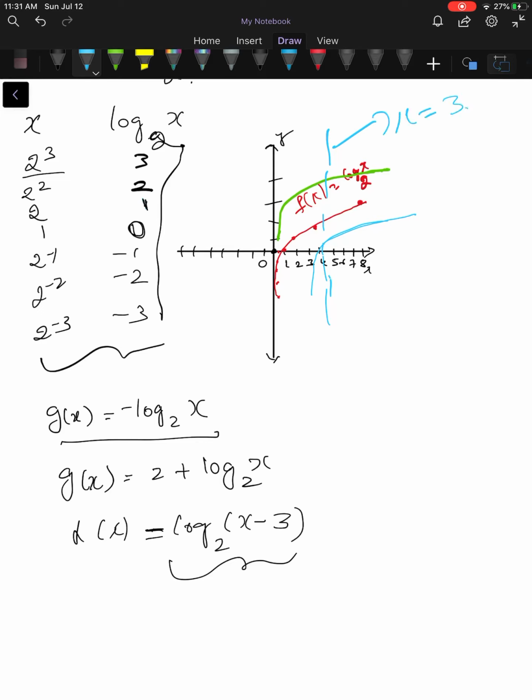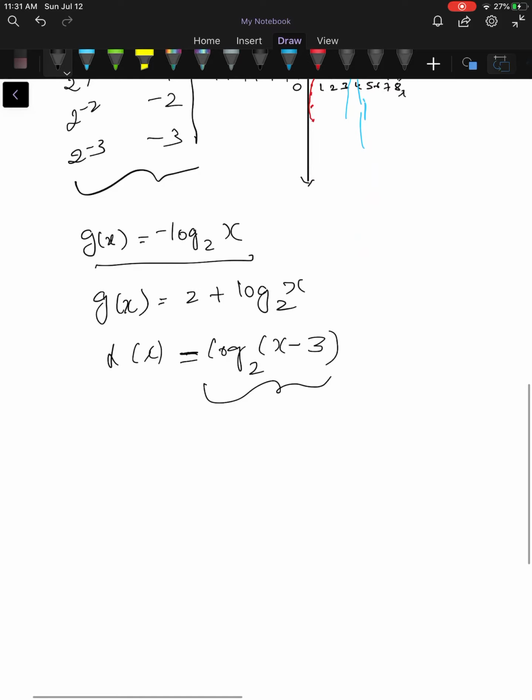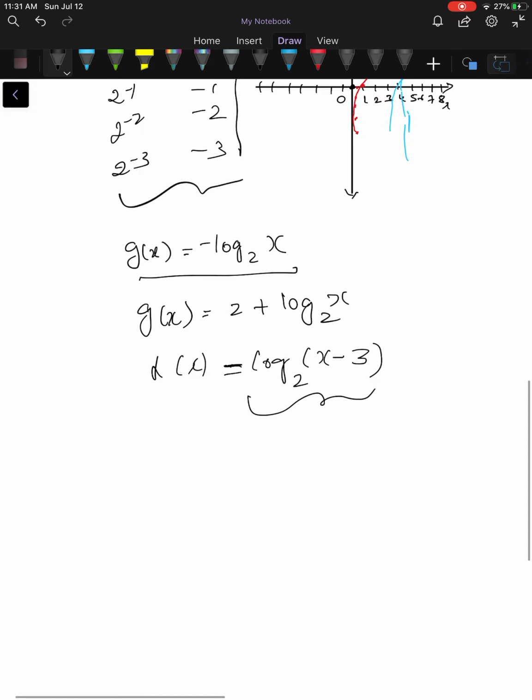So this line x is equal to 3 is the vertical asymptote, and the vertical and the horizontal asymptotes change as you apply the transformations of shifting, stretching, shrinking, or any other methods that you apply for plotting the graphs.